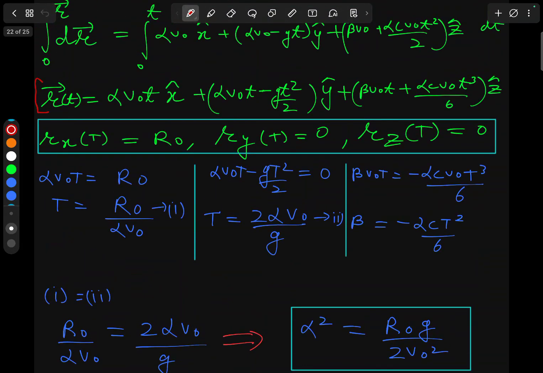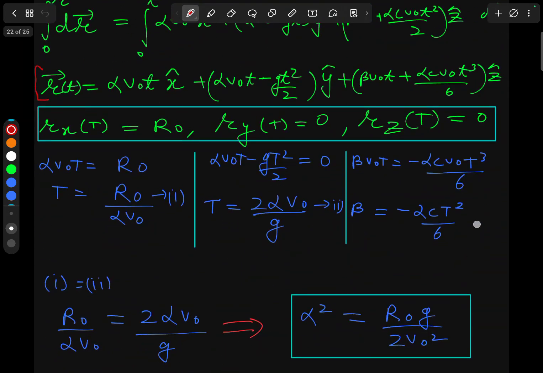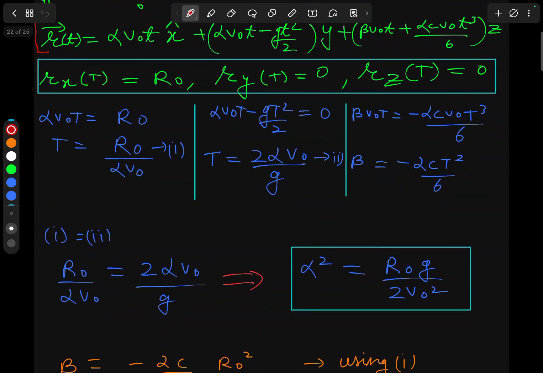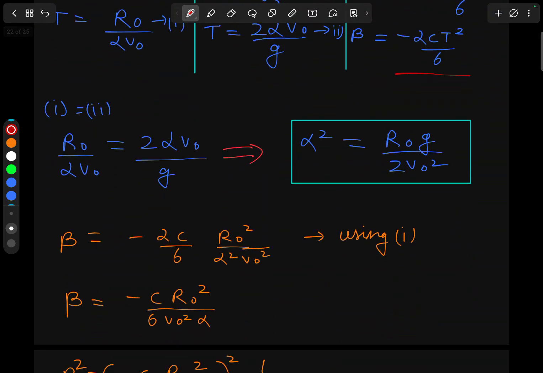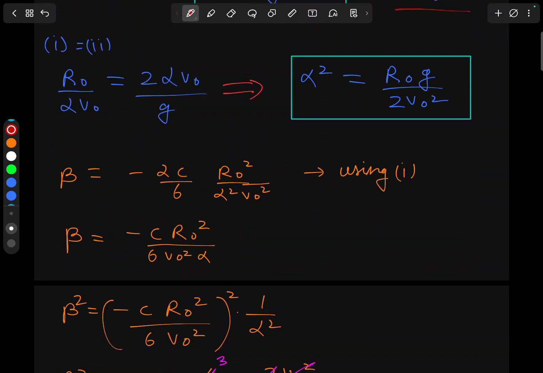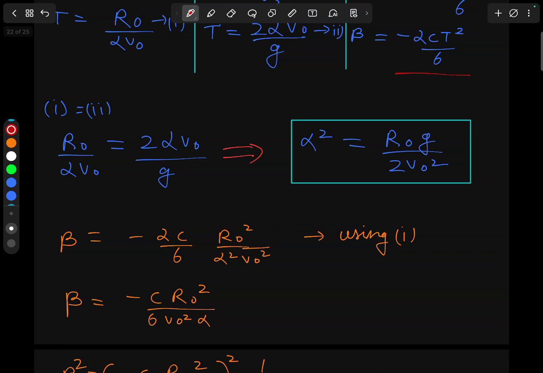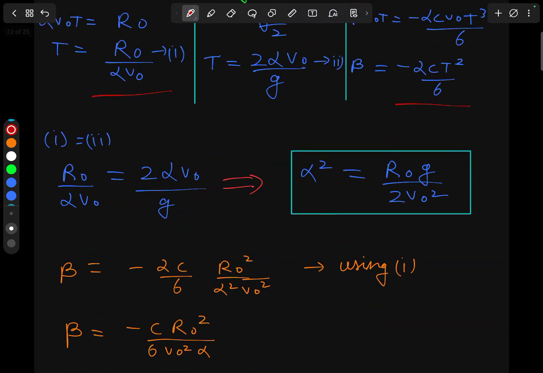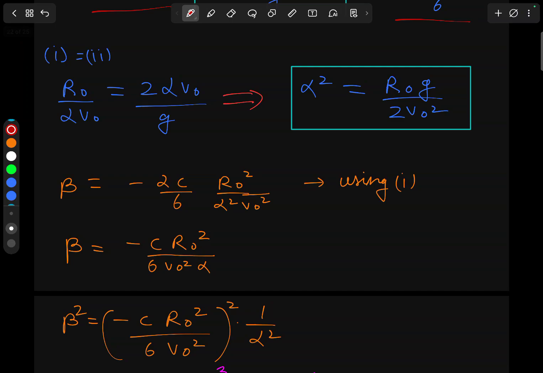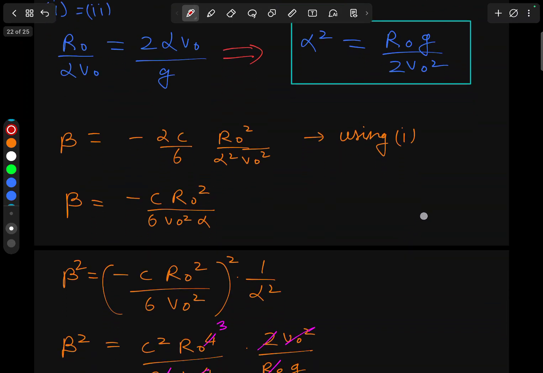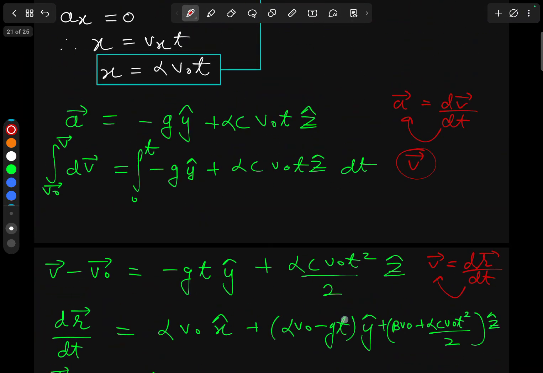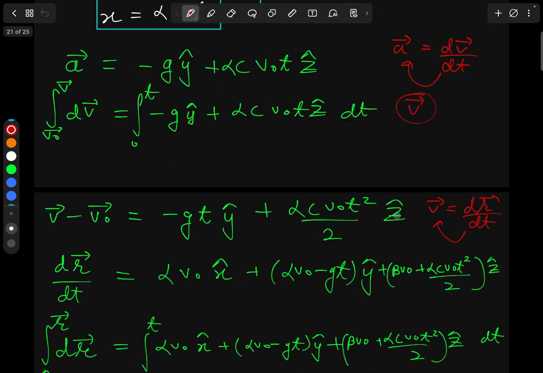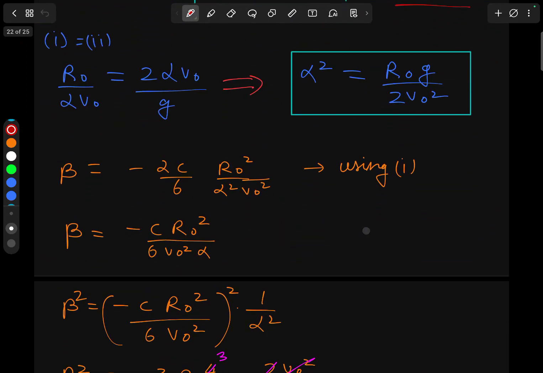And now the z condition is going to help me with beta. So beta comes out to be this minus alpha times c t square by 6, right? And now I've written that exact thing here, but what I've just done is write t square using this equation, and it comes out to be this. Then I square it up because what I need is beta square.